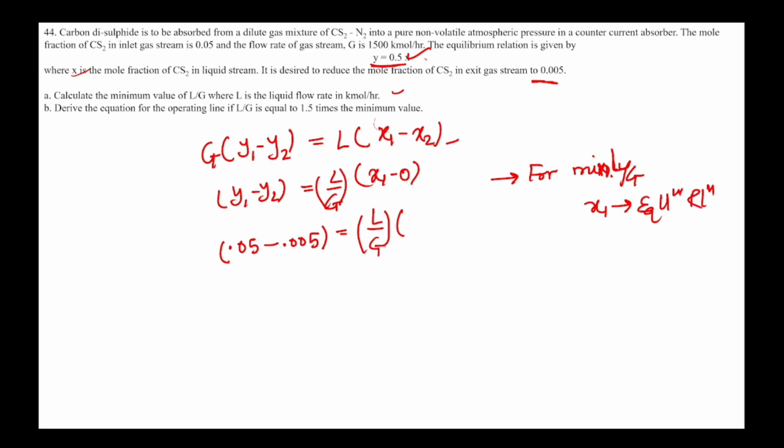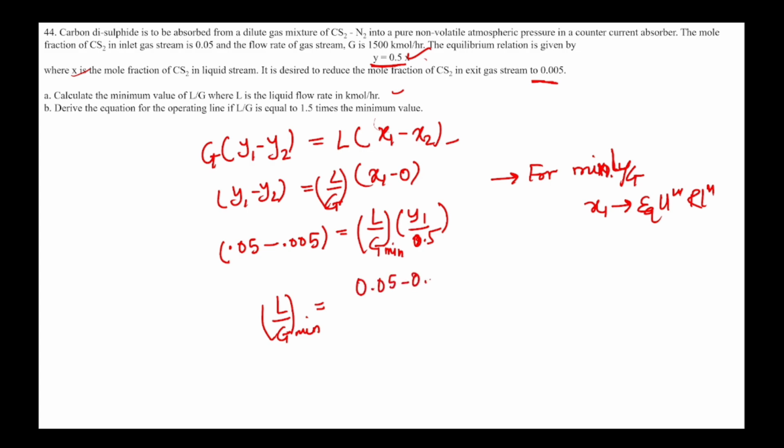So when I write here y1 by x1, it is y1 by 0.5. If it is x2, then y2 by 0.5. Then it becomes L by G minimum.